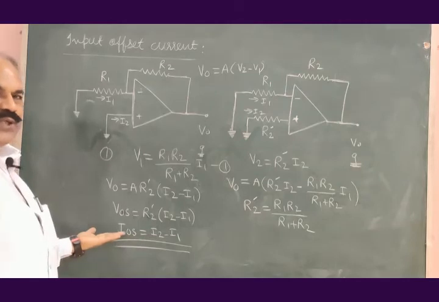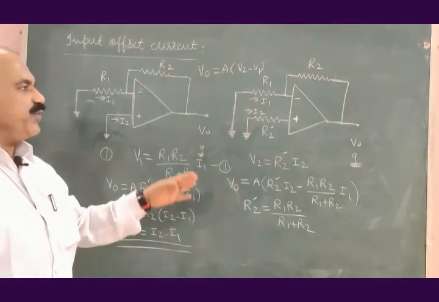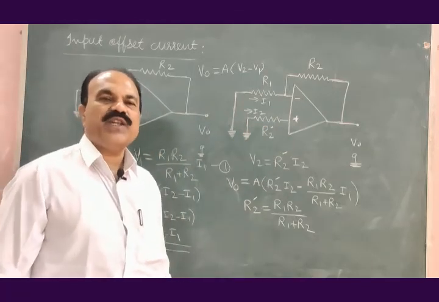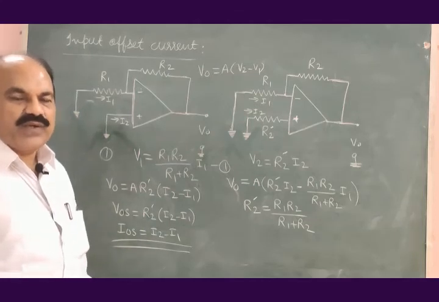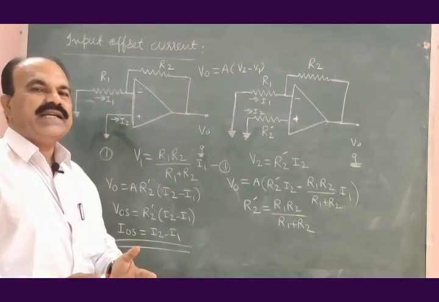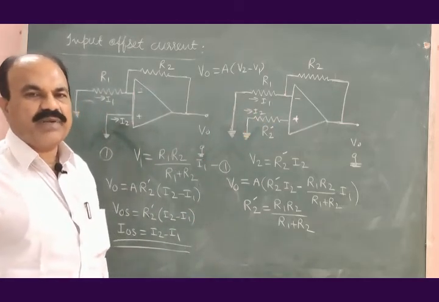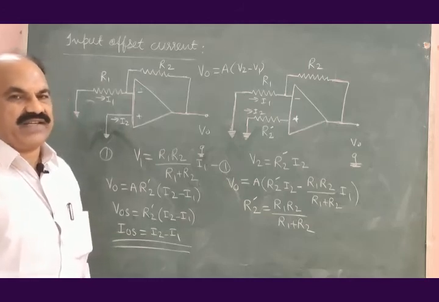Because of this input offset current, these things are happening, and we are required to connect R2 dash across the non-inverting input terminal. Because of this, we can reduce the output voltage coming at the output terminal of the operational amplifier because of the current differential.